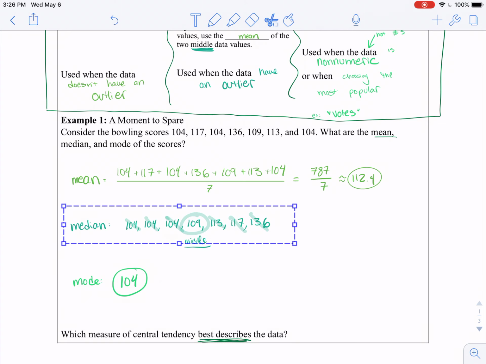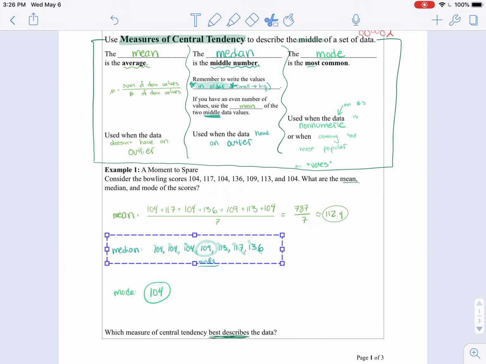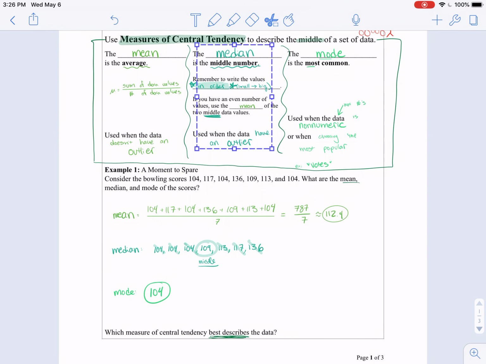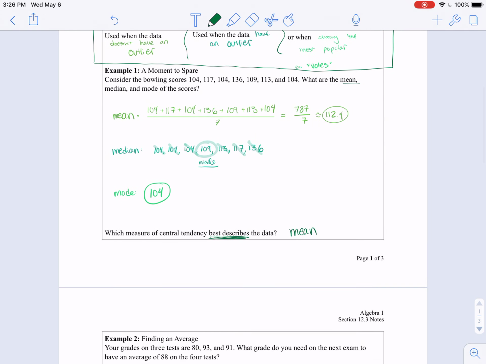Median is okay. I know a lot of people really like medians, but in this case, we don't have an outlier. So we don't want to use our median. Instead, since we don't have an outlier, let's go with our mean. Know what I mean? Our mean is going to be the best fit for this data because there are no outliers.